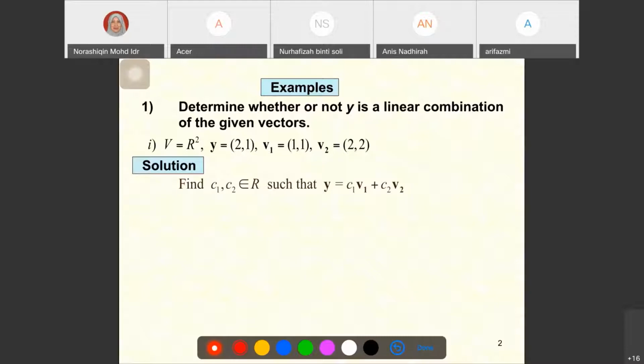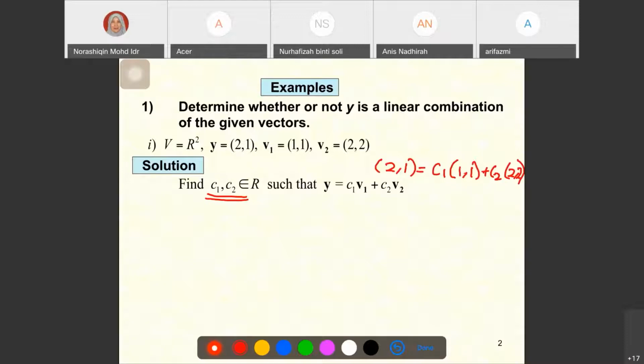So we need to find what the C's are. Can we find C's such that (2, 1) can be written as C1 (1, 1) plus C2 (2, 2)? Now we need to solve it.